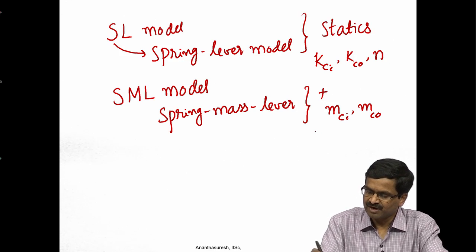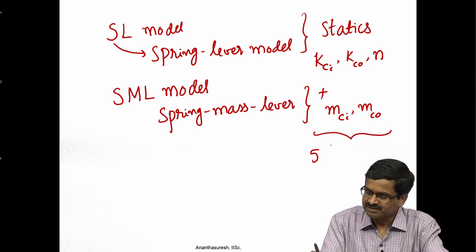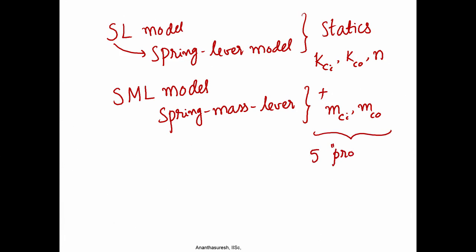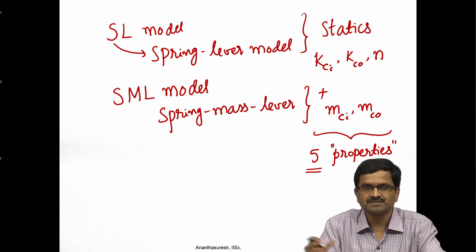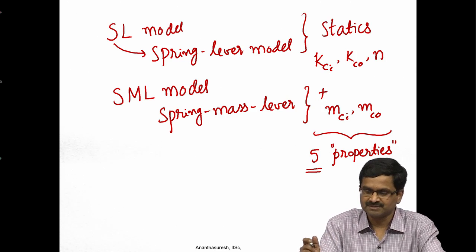So, these 5 quantities we also call properties, because every compliant mechanism has some property just as a material would have its properties. For statics there are three properties, for dynamics 2 more properties. So, these capture what happens with the two terminals of a compliant mechanism that has one input, one output. If we have multiple inputs and multiple outputs, that will be different, but for a single input single output compliant mechanism, these 5 properties suffice.